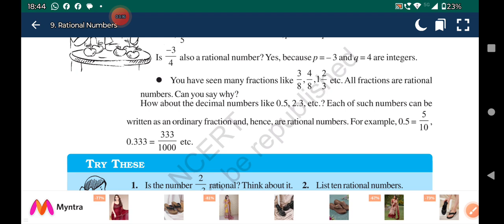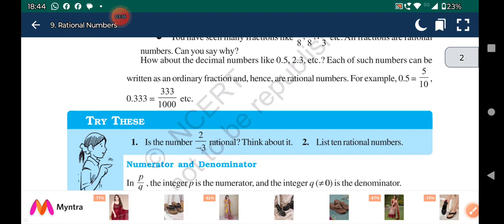Can you see why? How about decimal numbers like 0.5, 2.3, etc.? Each of such numbers can be written as an ordinary fraction and hence are rational numbers. For example, 0.5 equals 5 by 10, 0.333 equals 333 by 1000.